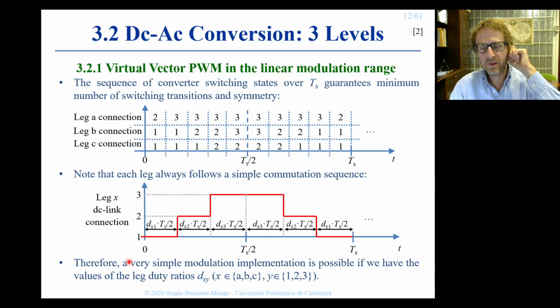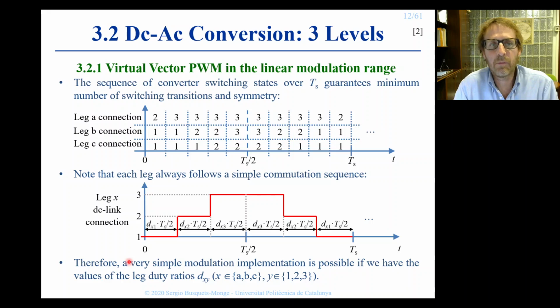Once we know the duty cycles of the converter switching states, we just need to define what will be the sequence of application of these converter switching states. Typically, we define this sequence so that we minimize the number of switching transitions, and so that we also achieve a symmetrical pattern over the switching cycle.